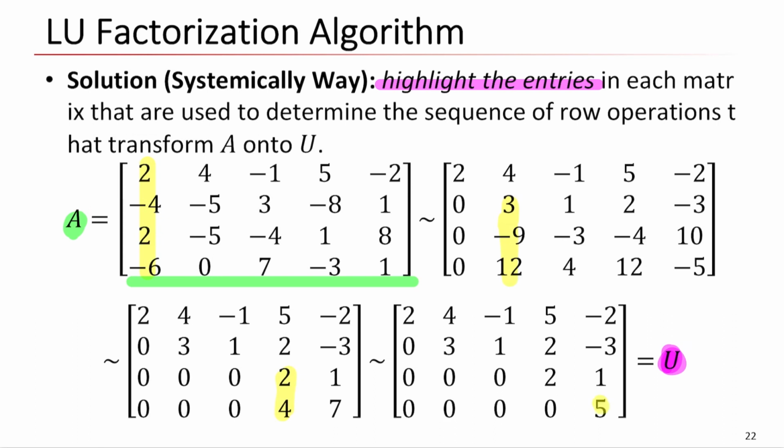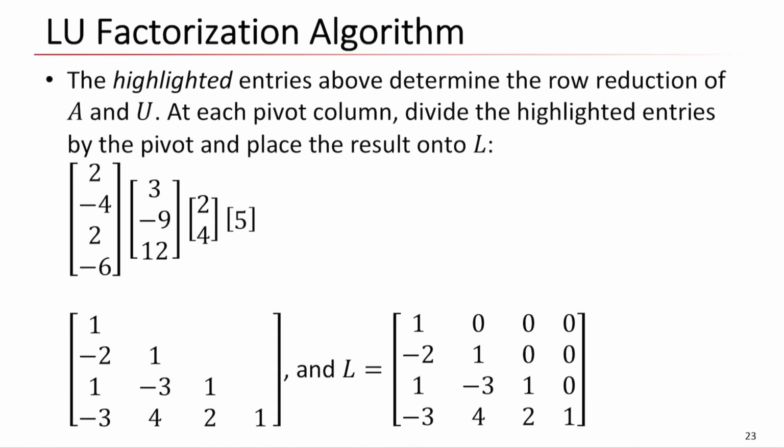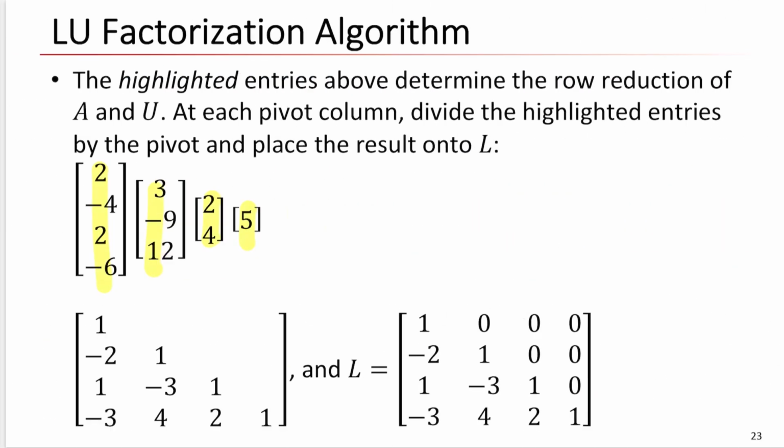But this 5 can also be used to reduce the row, but actually it's not important. But let's just highlight this value. This value also. Okay. So and then this one. From here, right?